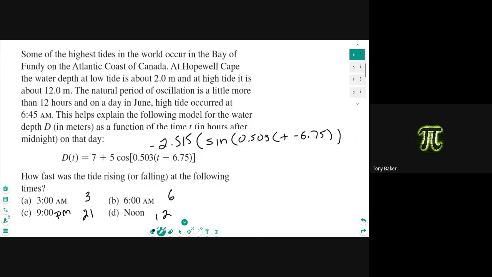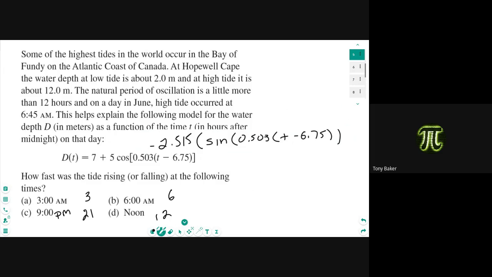So this is actually why we go through and do problems like this. It really starts to get to the understanding of what a derivative really is. At 3 o'clock, it was rising at right around 2.39 meters per hour. So it was rising rather quickly. At 6 a.m., it's now rising at 0.93 meters per hour.